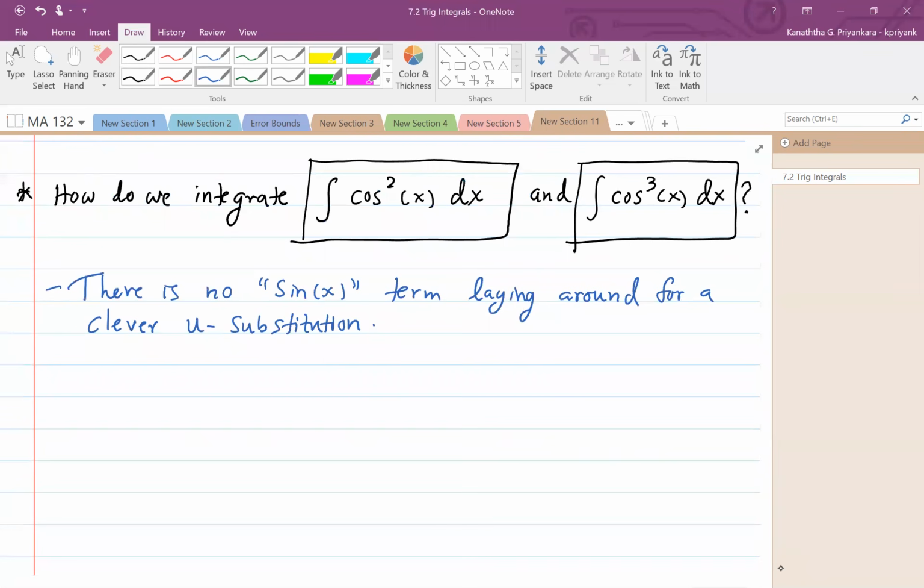We have to use the trig identities. I will write down some identities that are very useful to do these kinds of integrals.